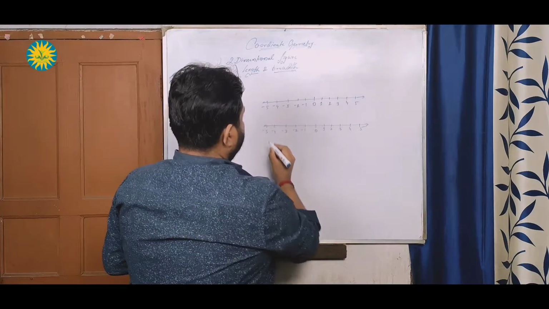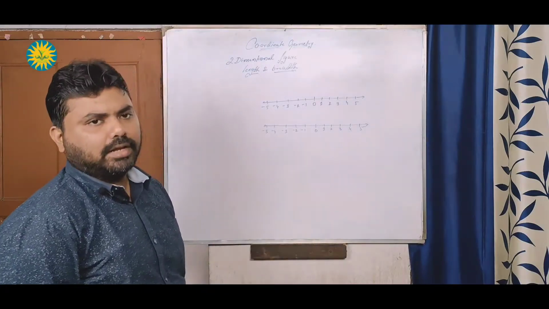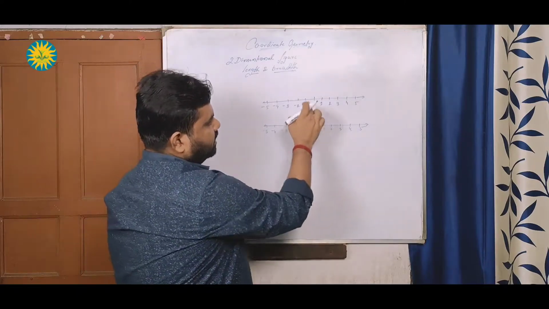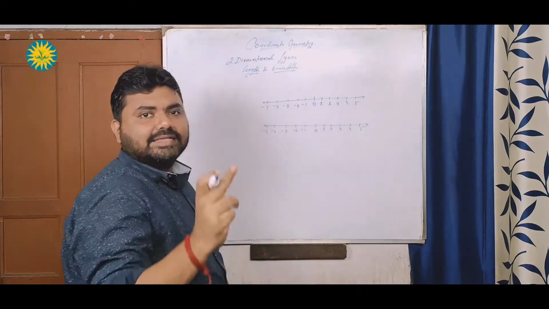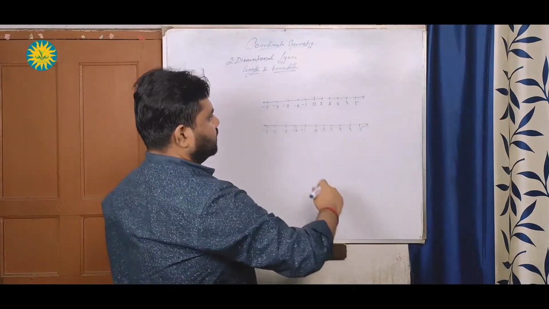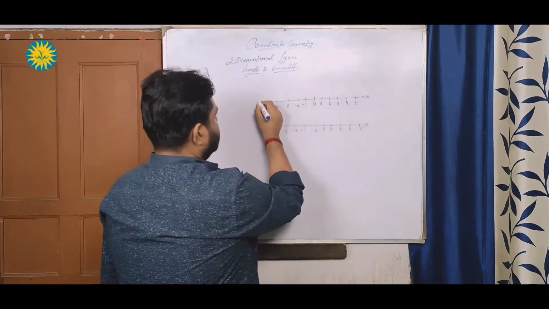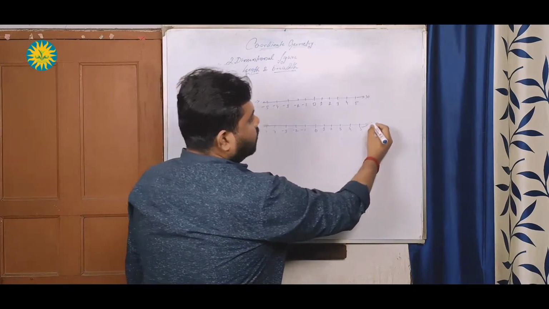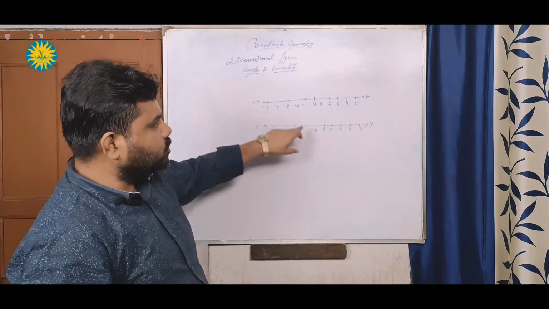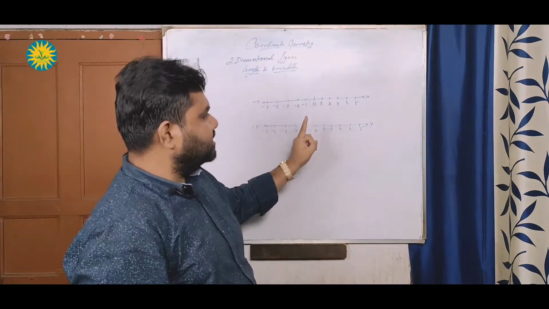So what will we do with these two separate number lines? We will consider one number line as the x-axis, the horizontal line, and the other as the y-axis, the vertical line.